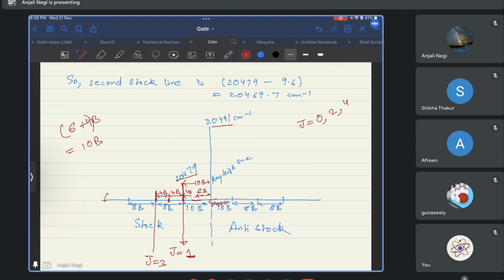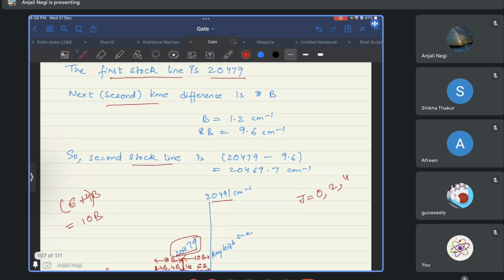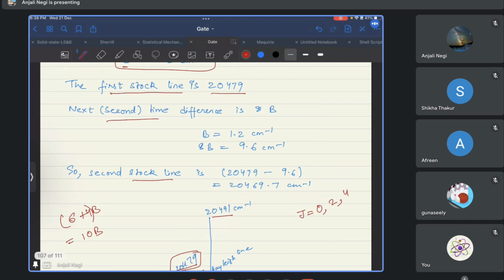From the first Stokes line that I have, it should be 8B apart. That's what I did for the second Stokes line. Stokes line will simply mean to subtract. So it should be at a difference of 8B, which is 8 into 1.2, that is 9.6 centimeter inverse.